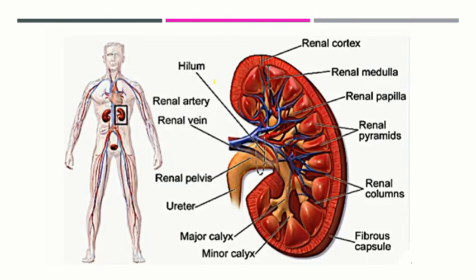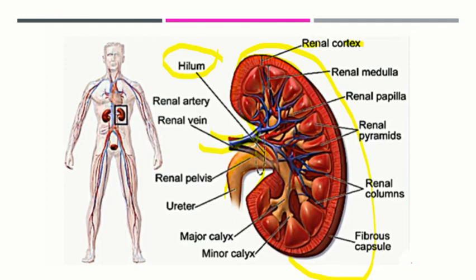Now again, if you have not understood this picture, what is the hilum? We have already given the explanation: it is the concave region from where every blood vessel or anything else comes out and goes inside. So this is the door of the kidney, and this is the convex region, and this peripheral region is called the cortex region, the renal cortex.